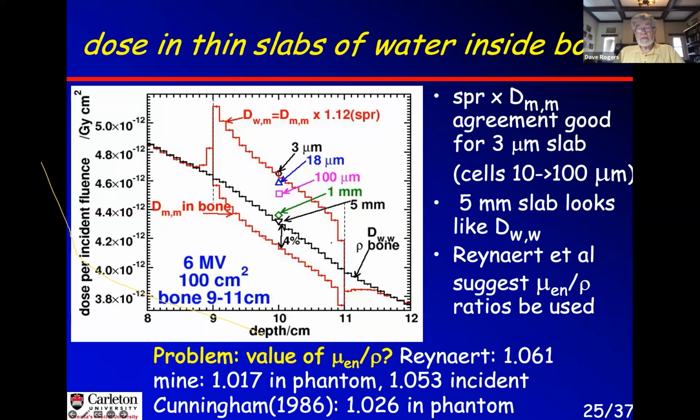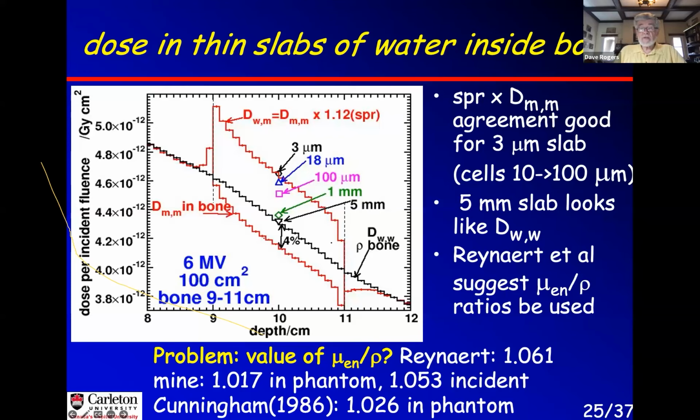I did the calculation in the phantom, because I can actually calculate the spectrum and get the mass energy absorption coefficient ratios of water to bone at that point. I got 1.017, since I was using the actual spectrum in the bone.